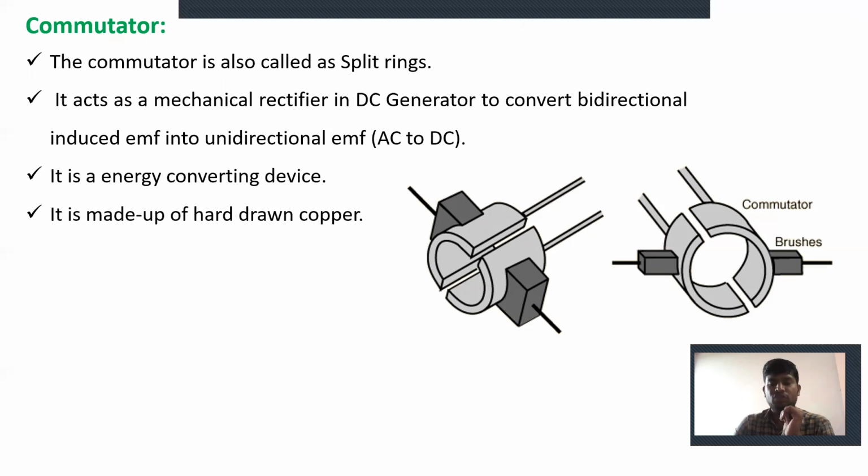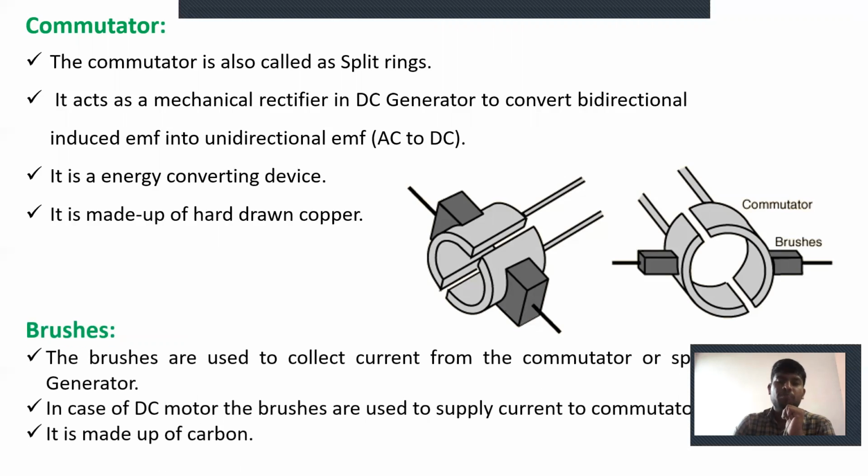That is why the commutator is used in DC machines. So the alternating quantity is converted into a direct quantity by using a commutator in the DC generator. The converted current is then collected by the brushes. This is made up of copper.